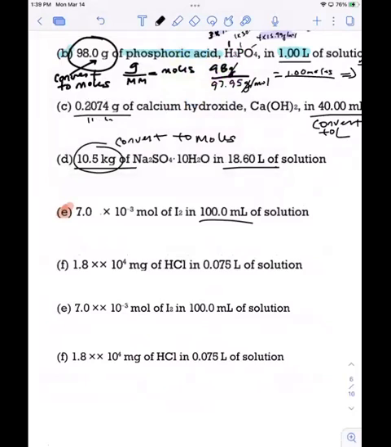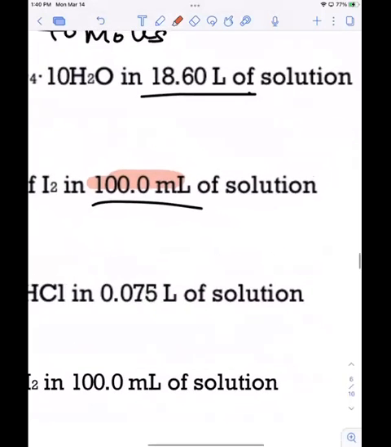What's our problem with this? Why can't we just do this outright? You got to convert milliliters to liters. This has to be in liters. That's required. Anytime you're trying to calculate molarity, it's moles over liters, and it is never, ever any other units but moles over liters for molarity. So this needs to be converted.